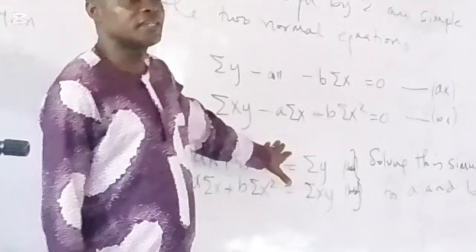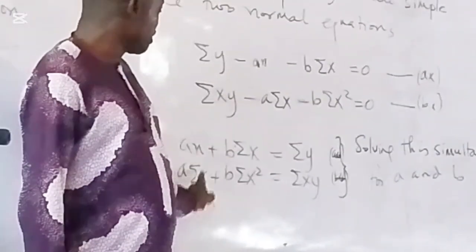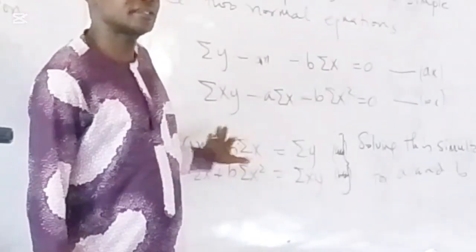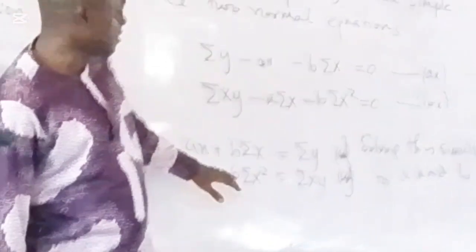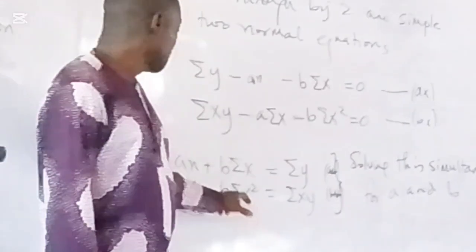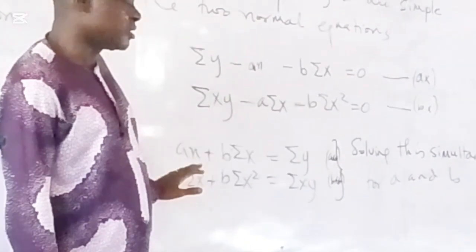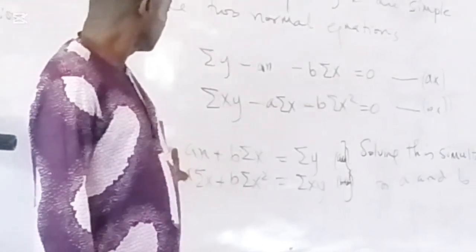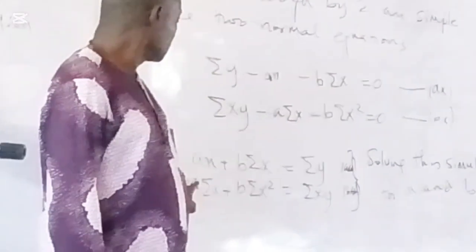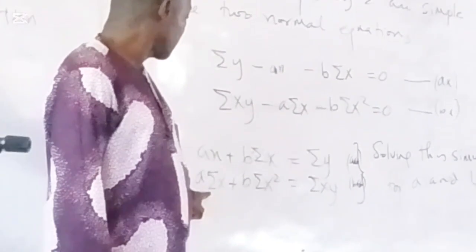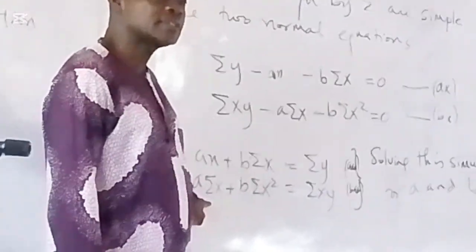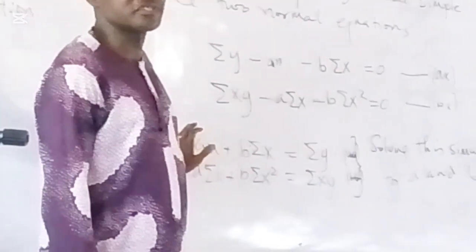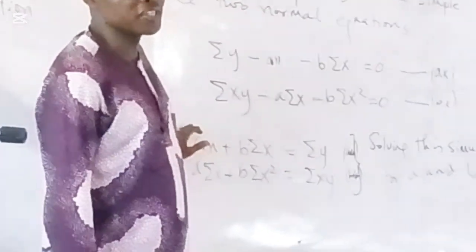We want to make sure that one of these terms is the same as one of these. If we multiply the first equation by sum of x, and the second equation by n, we can compare them.